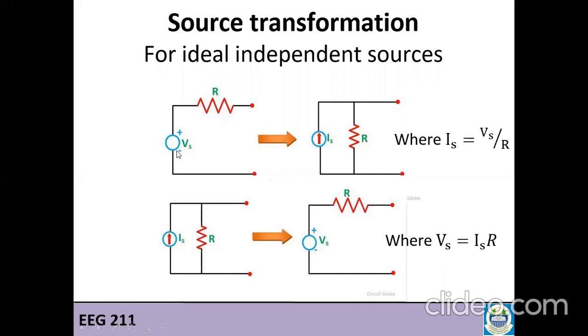This tells us that we can simply convert a battery, or an ideal voltage source with internal resistance, into a current source with a resistance in parallel to that current source, by following this relation. And we can also convert a current source with a parallel resistor into a voltage source in series with the resistor using this relation, Vs equals Is times R.